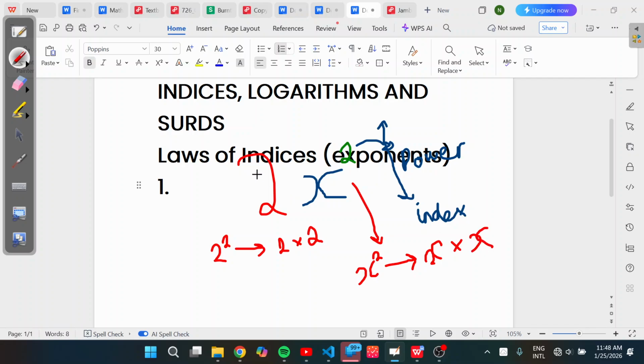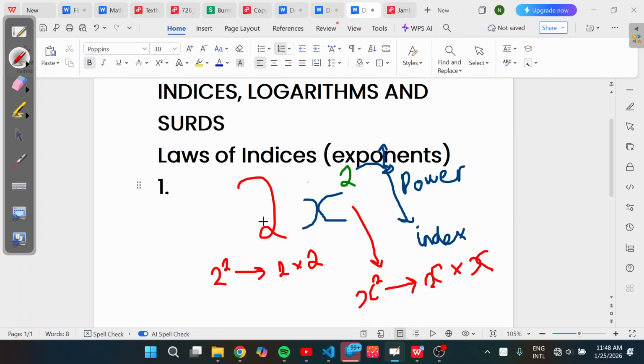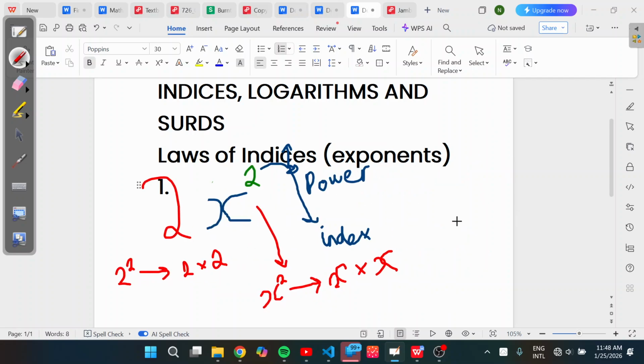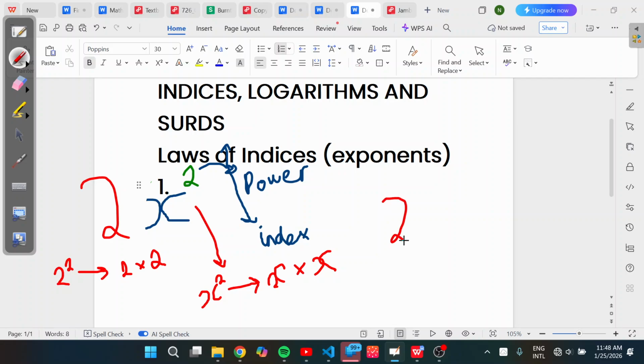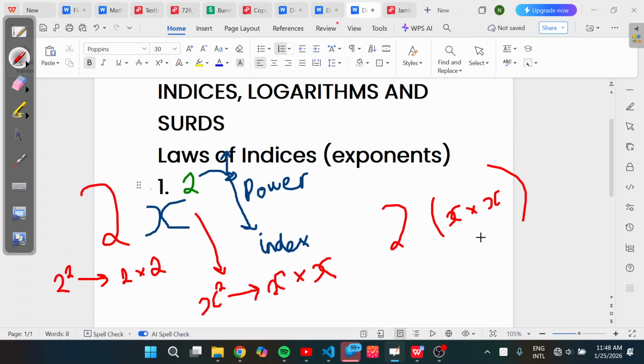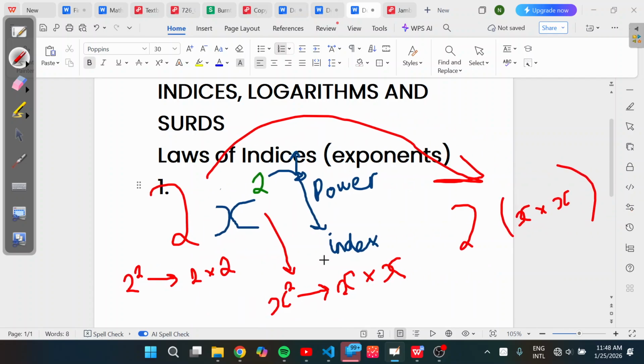So instead of making the whole thing messy and saying something like, let me rewrite this over here, we have 2, in brackets, x times x. So you see, it's already looking messy and I'm not even done. This is just the expanded form of 2x to the power of 2. This is how it looks here. So I hope this was clear.